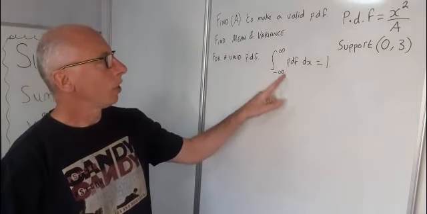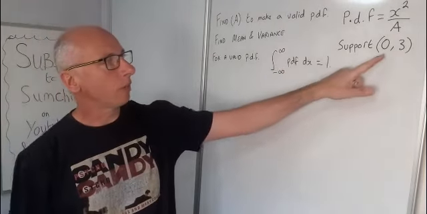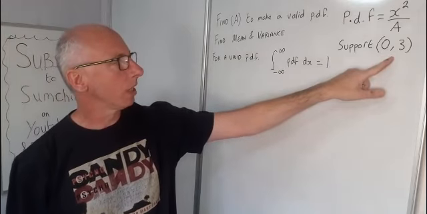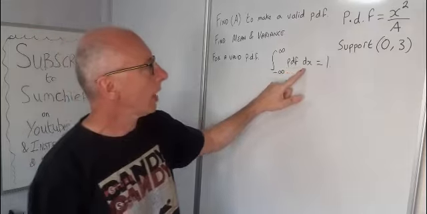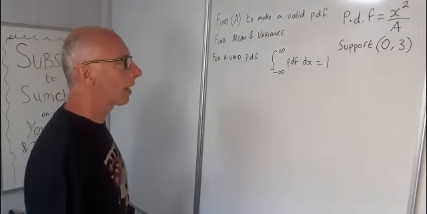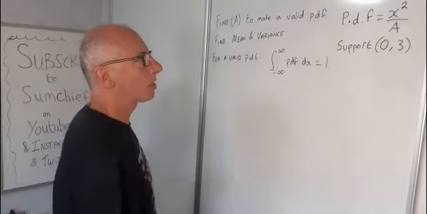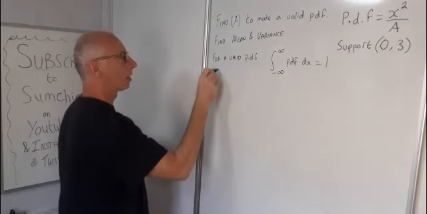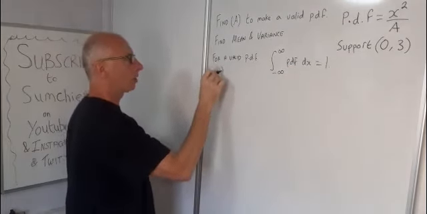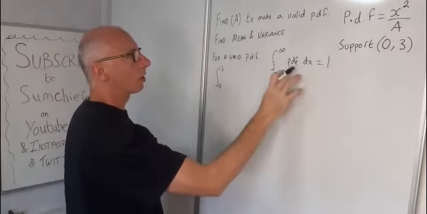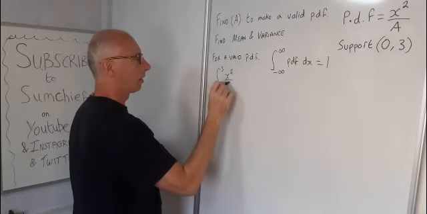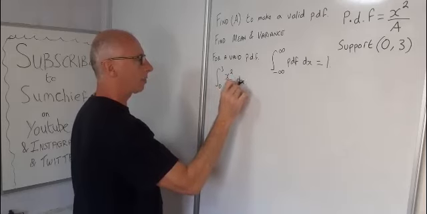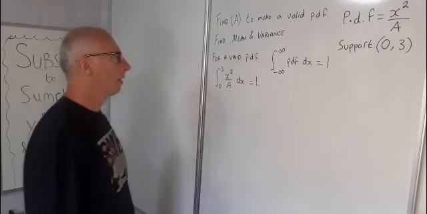So we can update this. The range of our function is from 0 to 3 and our PDF is x squared over a. So if we plug that in, we should be able to work out an integral to find this normalising constant. From 0 to 3, that's our support, the PDF is x squared over a, and then integrate with regards to x to equal 1.